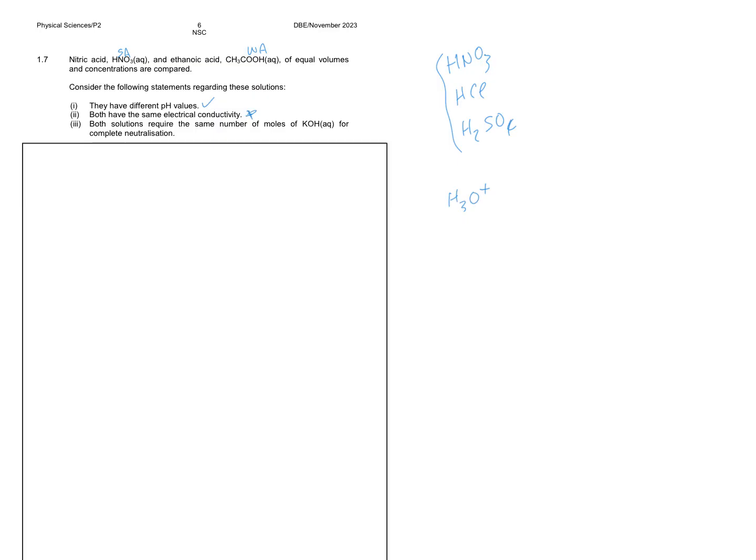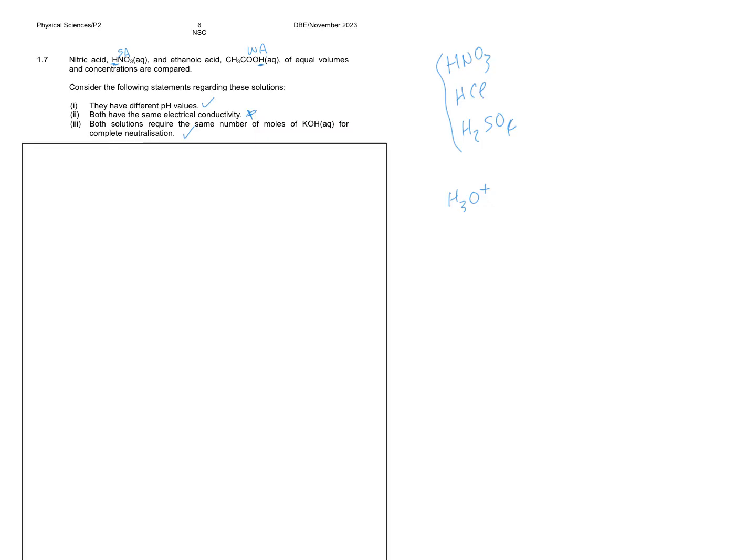And then it says both solutions require the same number of moles of KOH for complete neutralization. That will be the same, because both of them only make one H. HNO3 has one H, which will donate as an acid. Vinegar or ethanoic acid has only one H, which will donate as an acid.